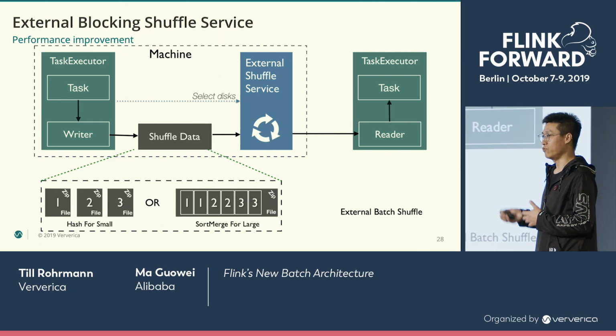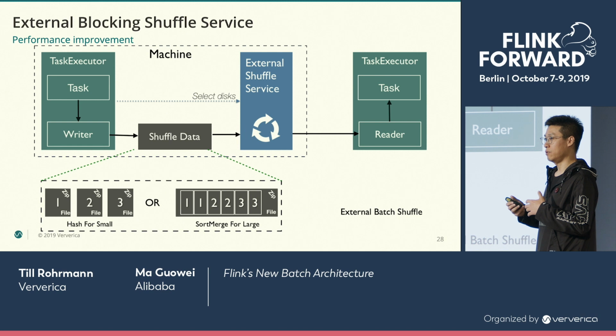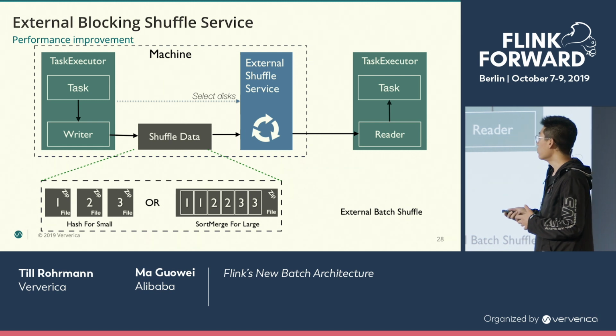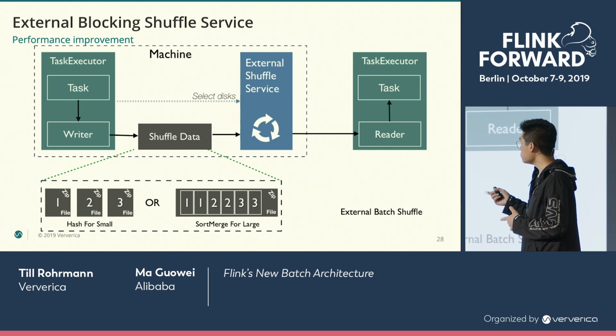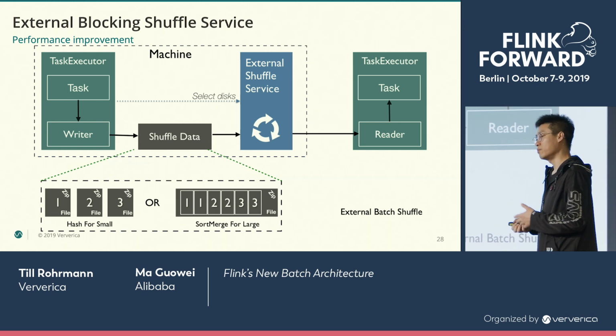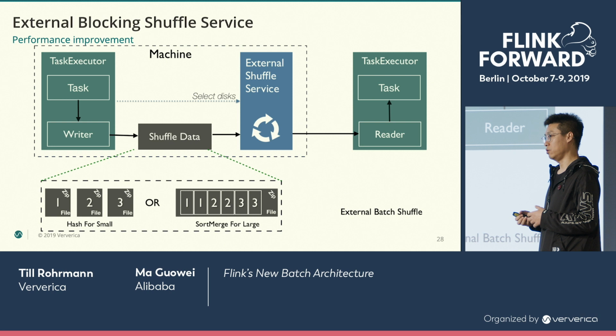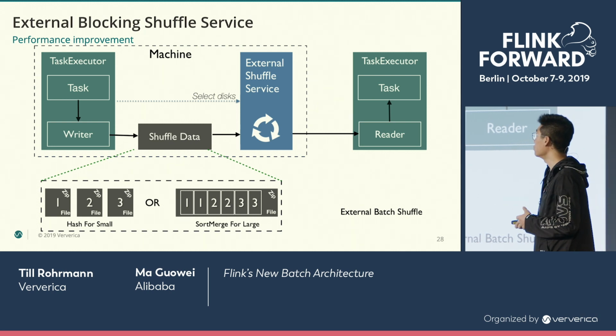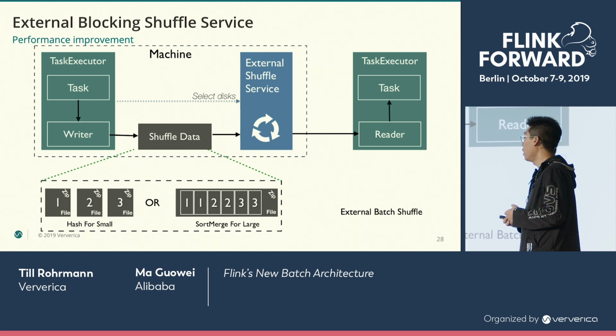This means that different shuffle modes are required at different times. So we kept both the hash shuffle mode and the sort merge mode in the external blocking shuffle service.